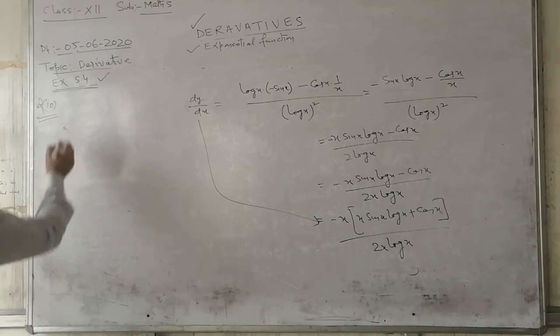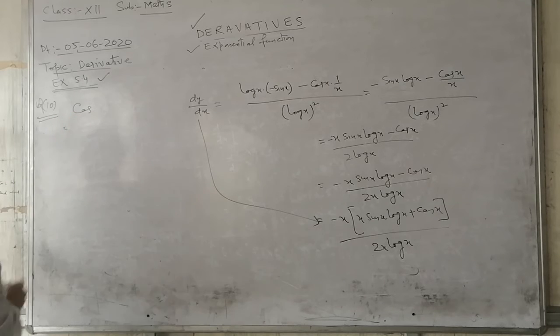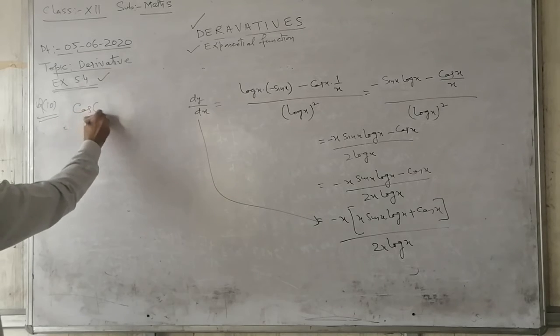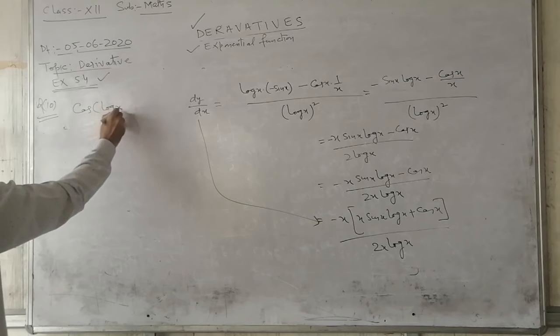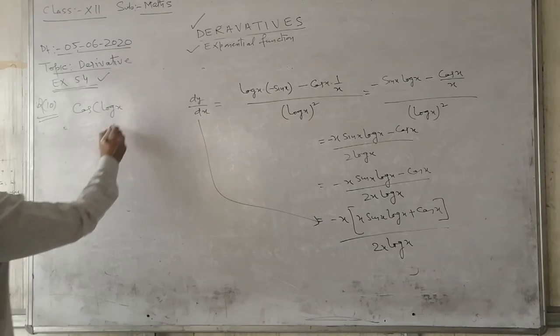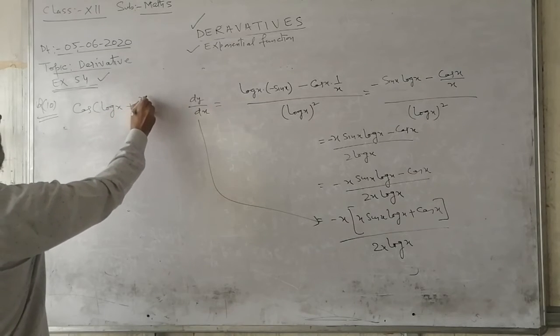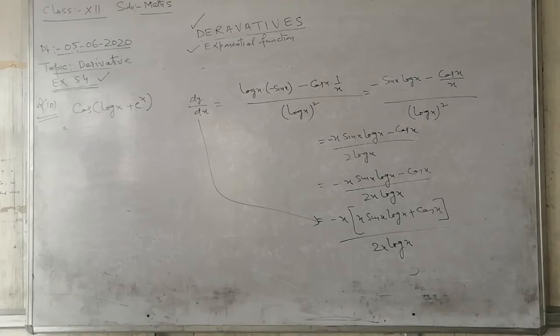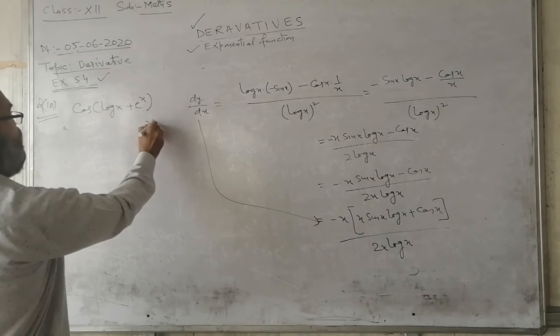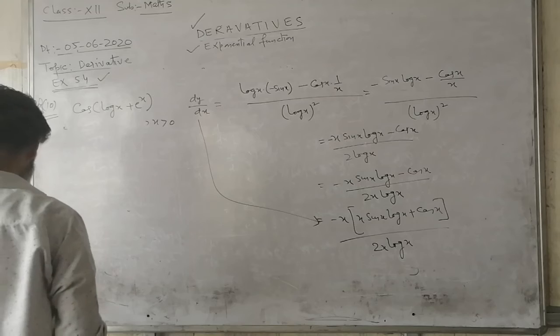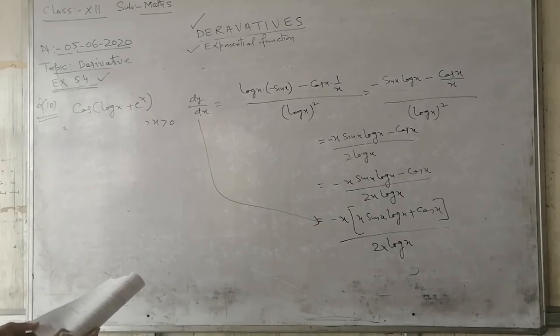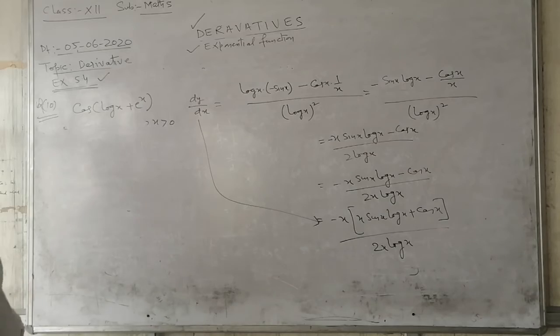You have to find the derivative of cos of log x plus e raised to power x, where x is greater than 0. So this is the last question, and this exercise is finished.